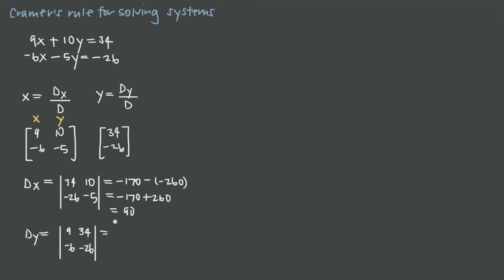And when we calculate this one, we get 9 times a negative 26. That's a negative 234, and then minus 34 times a negative 6. That's a negative 204, so negative 204. We get negative 234 plus 204, or 204 minus 234, and that'll just be negative 30.